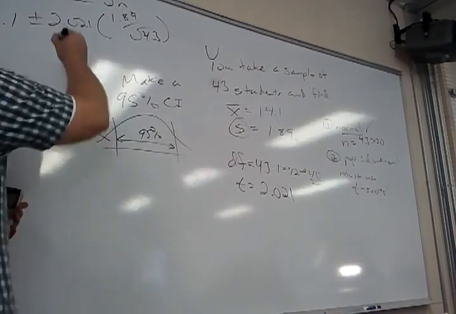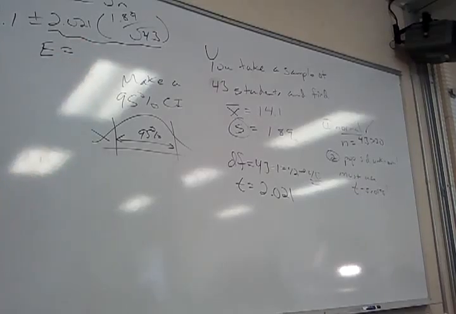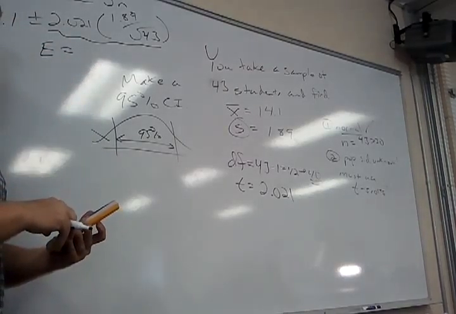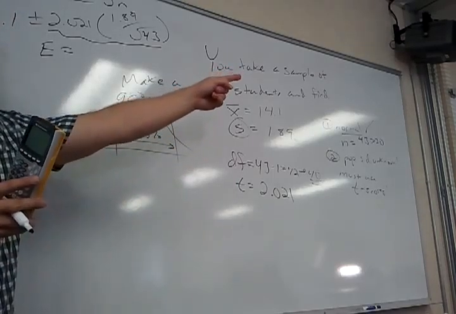So first find the error here. So why did you put 43? Because what's the sample size? The degrees of freedom was 42, but that chart needs it.